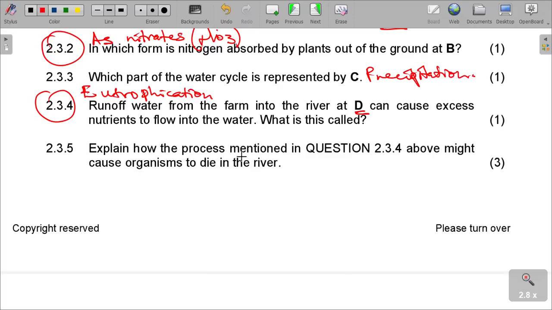And then explain how the process mentioned above might cause organisms to die. Okay, it's already asked there. How does it cause organisms to die?